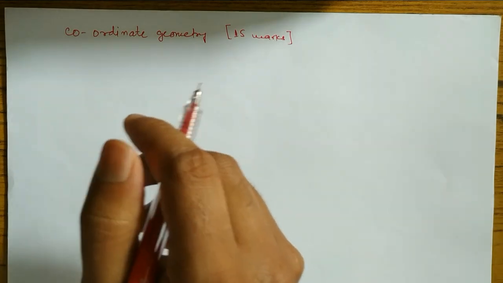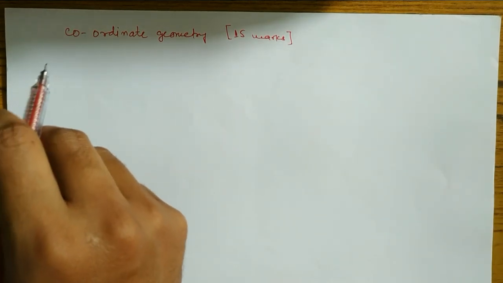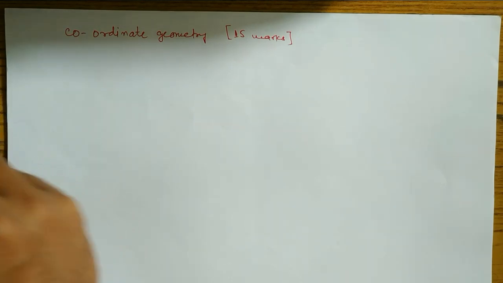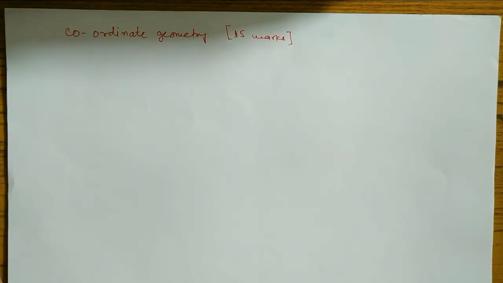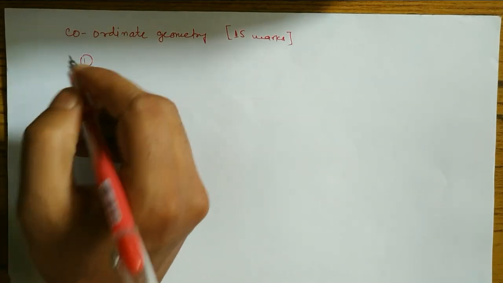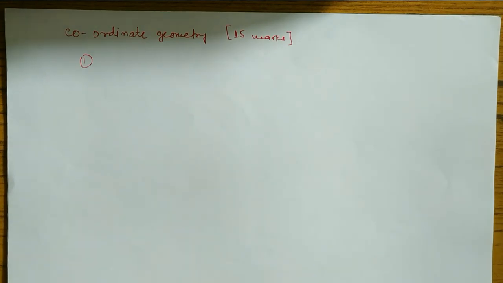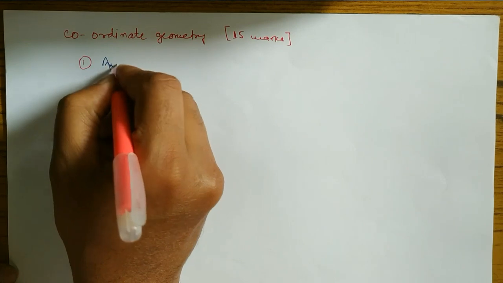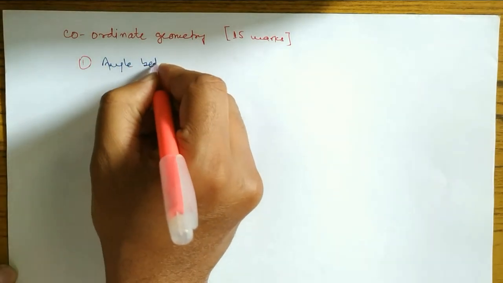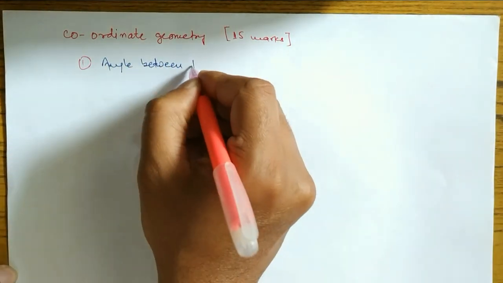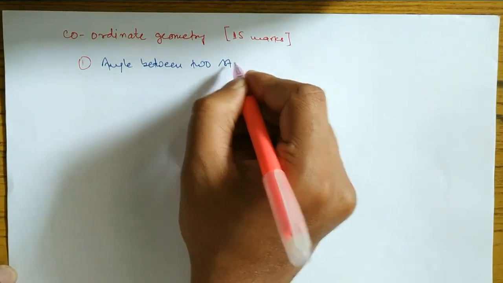So before starting coordinate geometry, I'm going to tell you how many exercises there are. First one is angle between 2 straight lines.